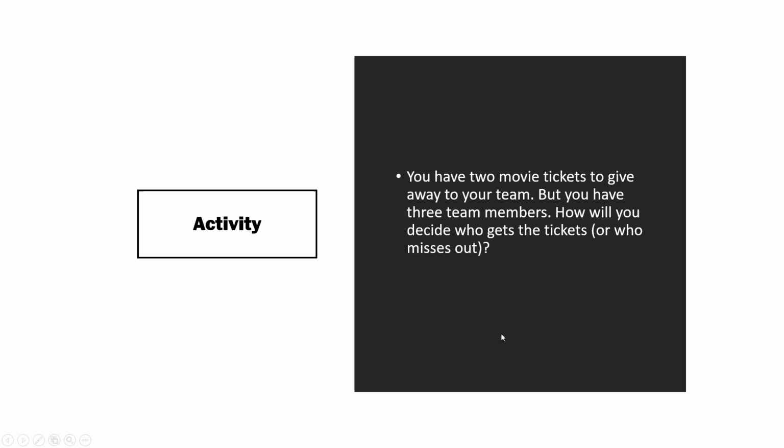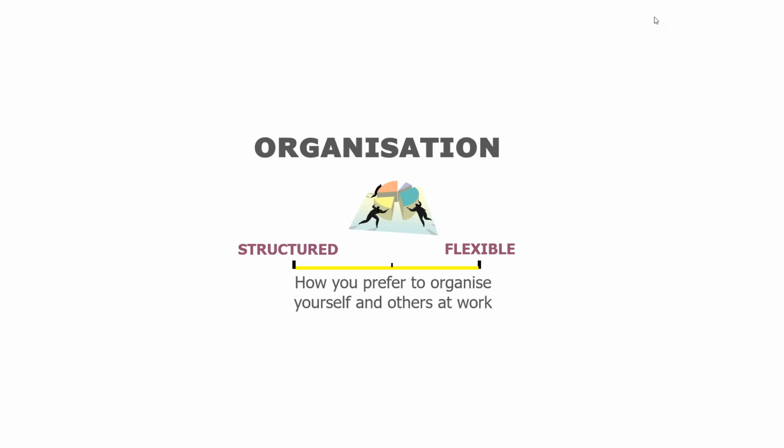But we make hundreds of these decisions every day as team leaders, and we have to work out what's right and what's wrong, what's the right and wrong way of going about things. Now, organising. When we organise, do you like to be flexible or do you like to be structured when you organise yourself and others? So think about yourself as a team leader.